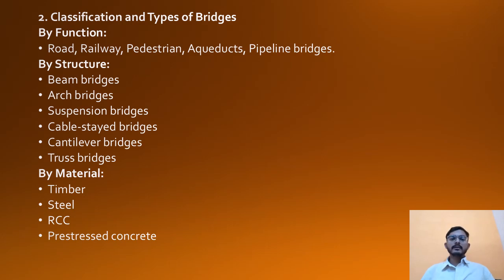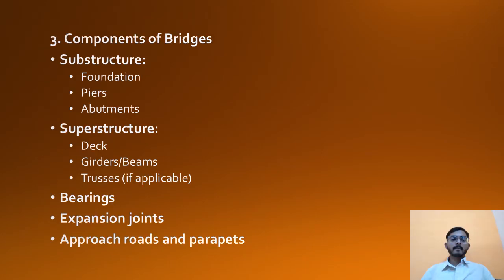And classification based on the material of the bridges: timber bridges, steel bridges, RCC bridges, and pre-stressed concrete bridges, which we mostly see in day-to-day life. Pre-stressed concrete bridges are most preferably used.